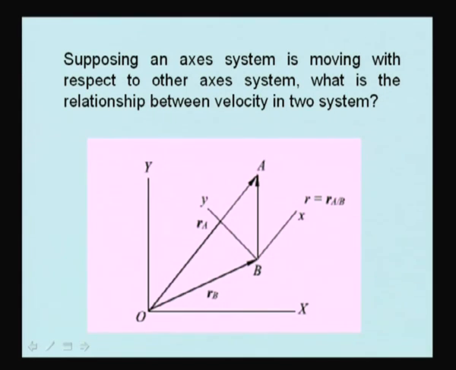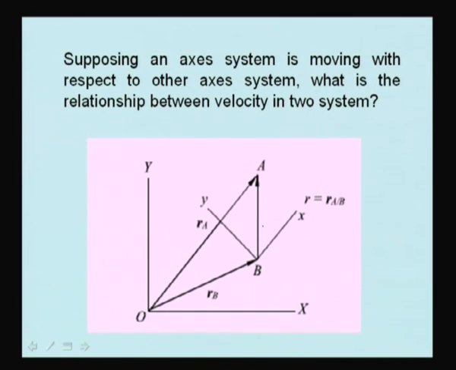If we fix a coordinate system, you can consider that B may be one particle and A may be the other particle. Both may have different velocities, but if we fix another coordinate system attached to the particle B, indicated by small x and y, in the most general form it can have this motion.